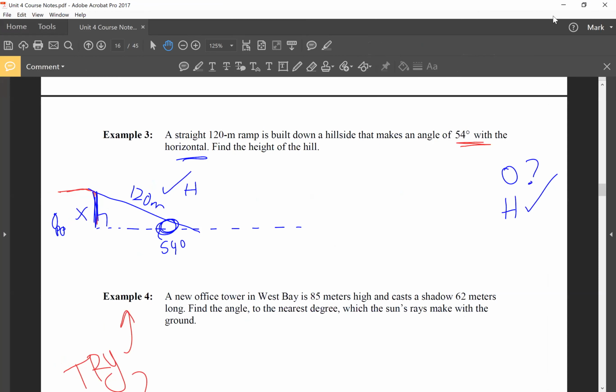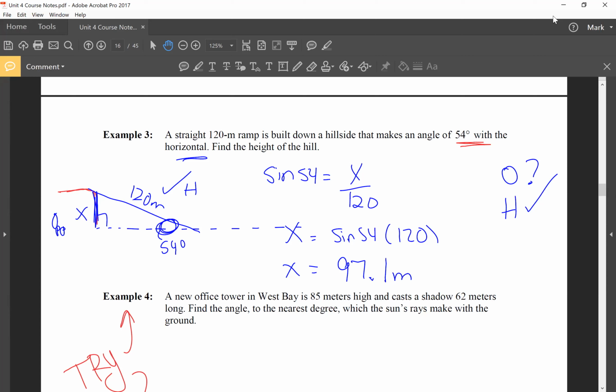So I'm going to pick sine of 54 equals x over 120. x is equal to sine 54 times 120. Halas, finished. Sine 54 times 120 gives me 97.1 meters, that's a big hill. So the hill is 97.1 meters.